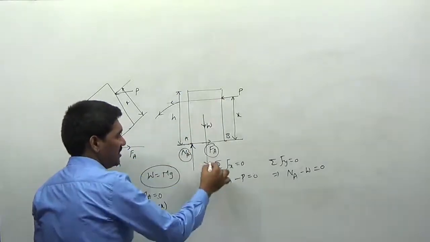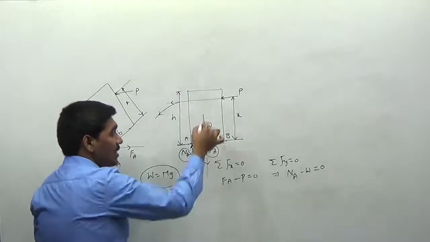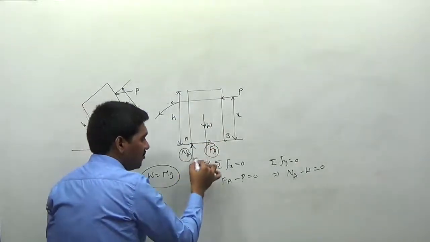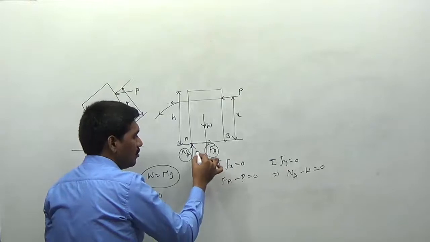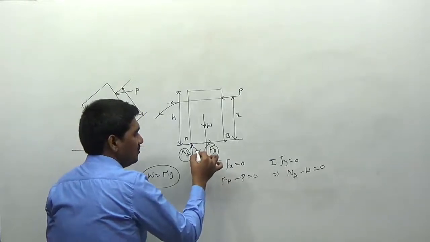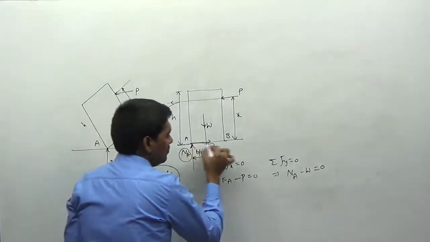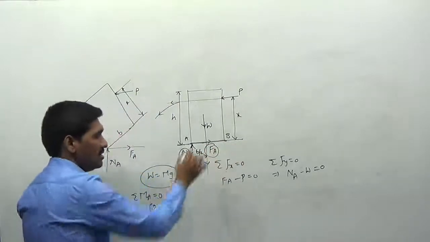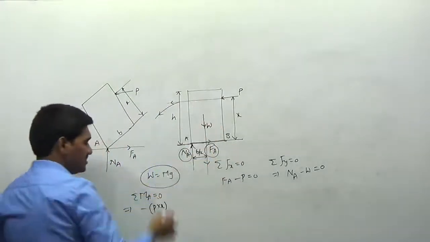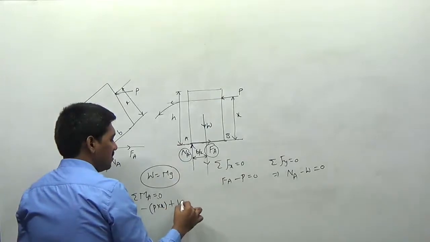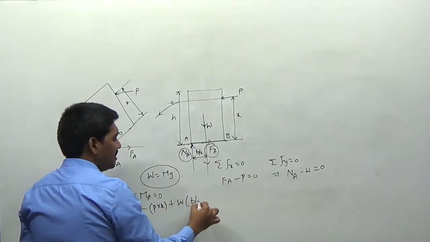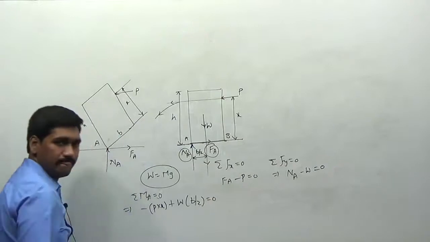Weight is acting in this direction. The distance from the point A to the weight is B divided by 2, because the total value is equal to base B. W is trying to turn in the clockwise direction. So I can write this as W multiplied by B by 2 is equal to 0.